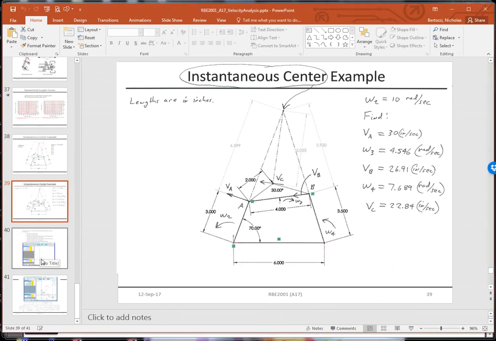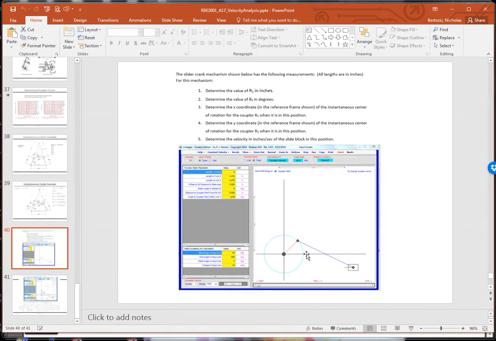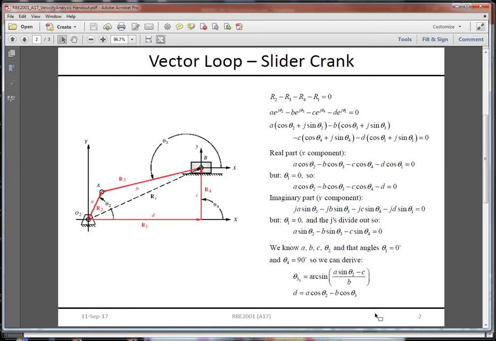In the next slide, we have a slider crank mechanism, and we have to determine the velocities of the slider and the x and y coordinates here for the coupler. So on this particular one, we can use these equations to calculate for the slider.